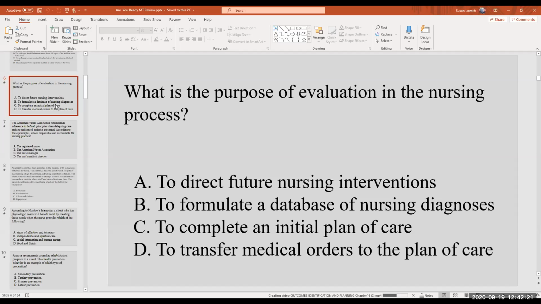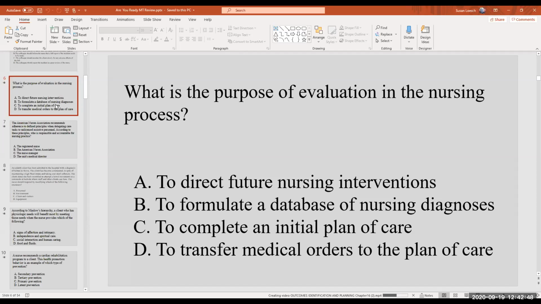Now we're evaluating that goal to see if it was met, partially met, or not met at all. The reason we do that is because maybe that goal is too elaborate for my client at this stage, so I have to simplify it to make it more achievable, because you want your client to be able to achieve those goals.